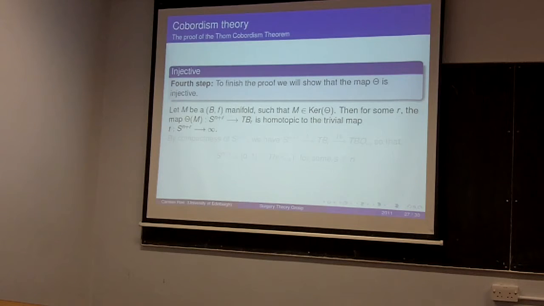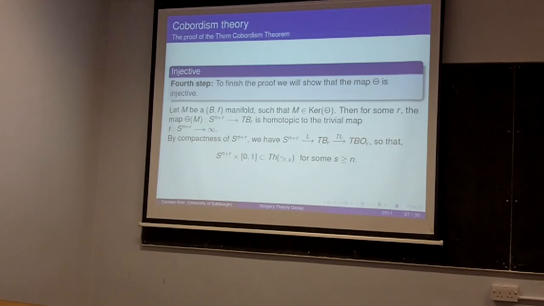We need some manifold to belong to the kernel of the map. So that is in detail. We also have our compactness condition on the N plus R sphere, and again the same maps that we had before.